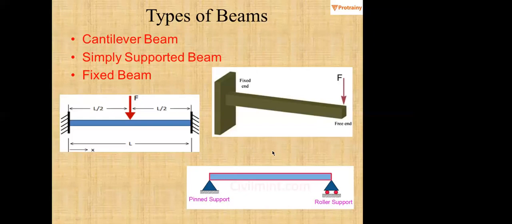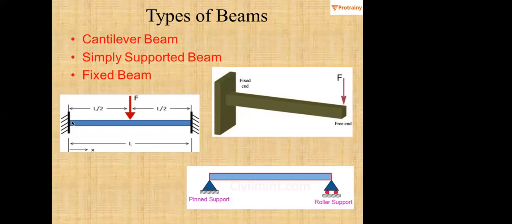Whatever resistance this beam is going to offer to this external loading is going to come from this span. So this is what a simply supported beam is. In case you are designing, let's say, an RCC simply supported beam, you have to provide much more reinforcement in its span.